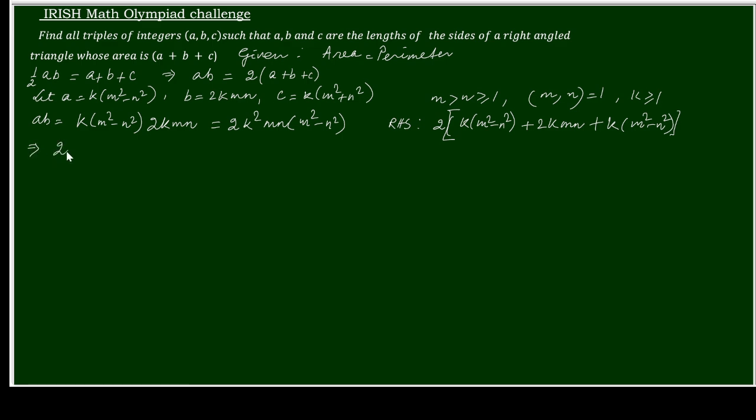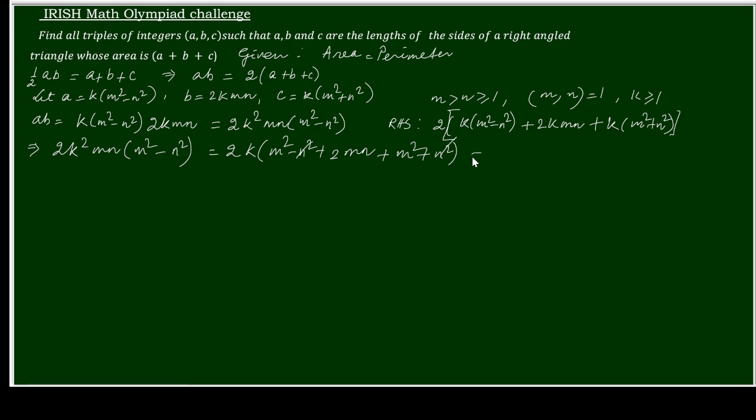So twice K square M N into M square minus N square equals, the right side I am simplifying, 2K I am taking common, then within the bracket will be M square minus N square plus 2 M N plus M square plus N square. This is C, which was M square plus N square. So N square is cancelled.